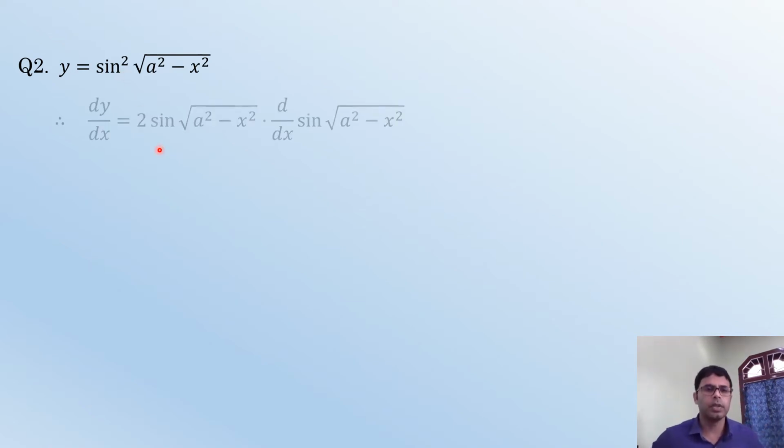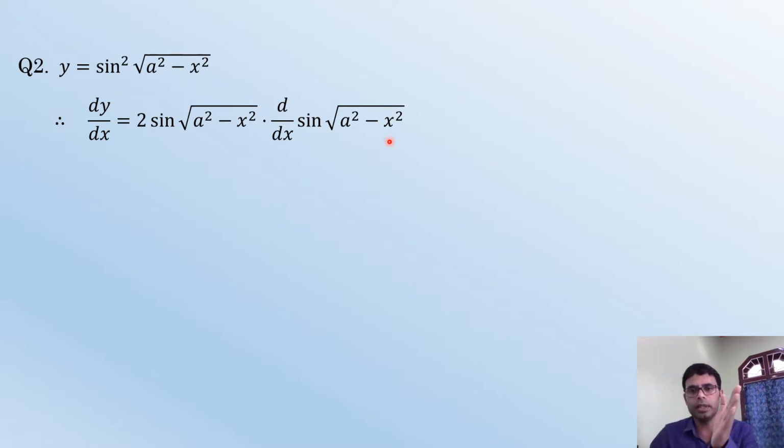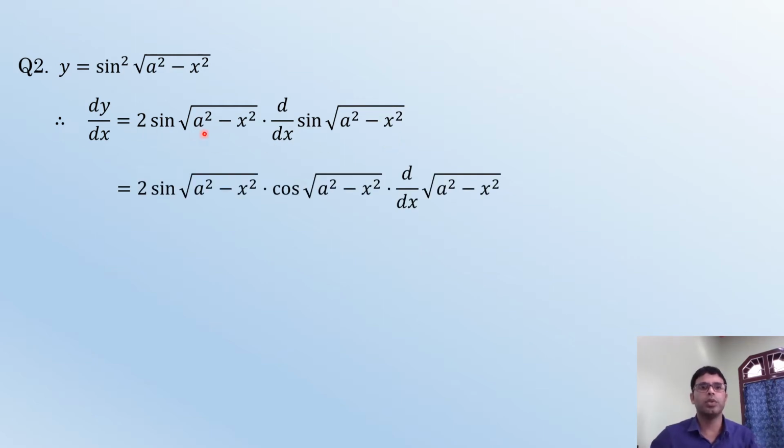So first of all, dy/dx is equal to 2 sine, this power will be decreased by 1, so sine of this one, into then what term are you considering as x? This time you are considering sine root over a square minus x square as x. So d/dx of that term should be differentiated in chain, and then you complete the next line. This 2 sine is remaining the same, then d/dx of sine of this one.